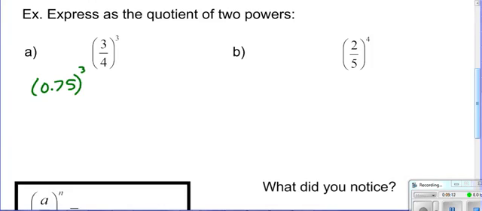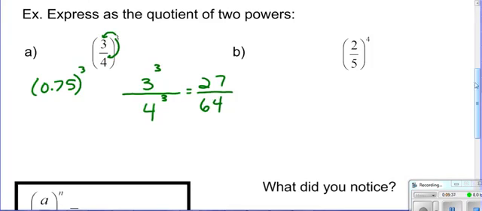What this says is that the exponent of 3 applies to the numerator, and the exponent of 3 also applies to the denominator. So we have 3 to the power of 3 over 4 to the power of 3. Or if we wanted to go one step further, we could go 27 divided by 64.